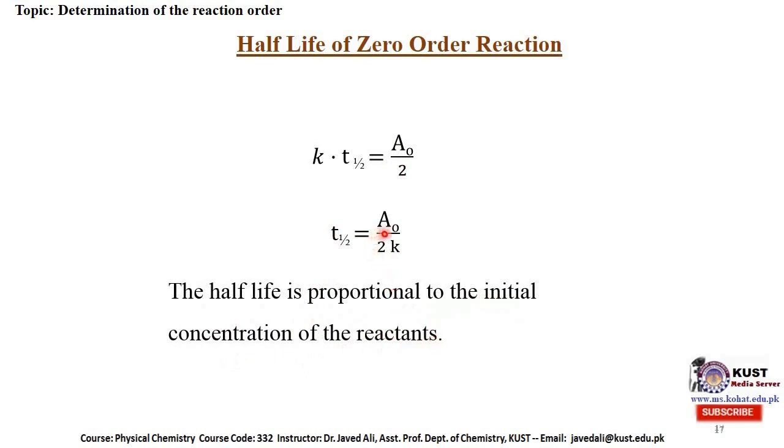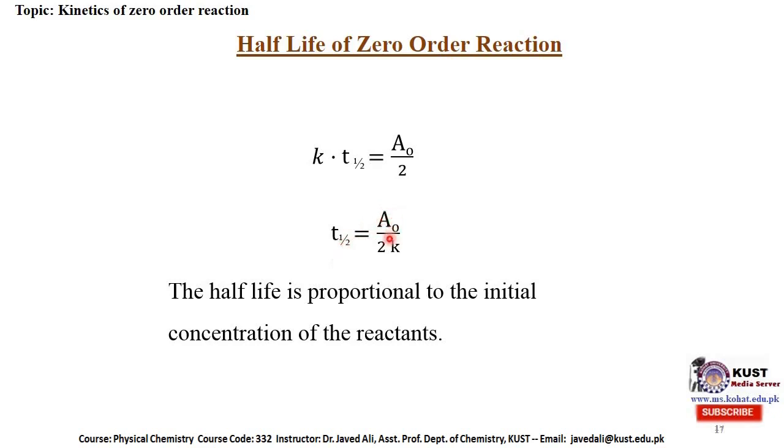In this equation, 2 is constant, k is constant, and the half-life is directly proportional to the initial concentration of reactant. When initial concentration of reactant is high, then the half-life will be high.